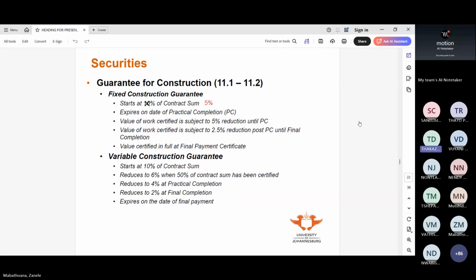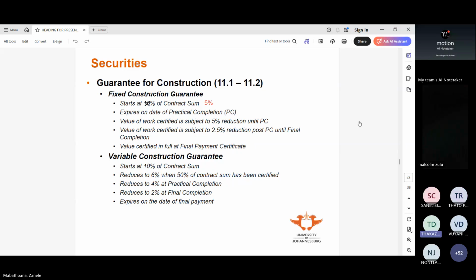Okay, as I was saying, ma'am, for the fixed construction guarantee, it says it starts with the 5% of the contract sum. So using the example that you've given us, the 10 million, it would start at that 5%, meaning 500,000 of that 10 million. And then the other 500,000 will be reduced when the practical completion has been completed.